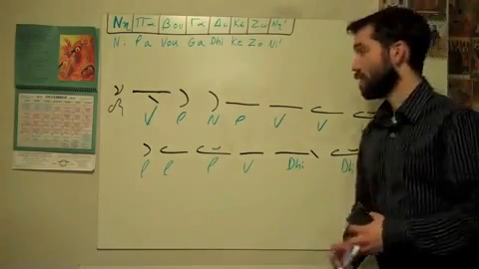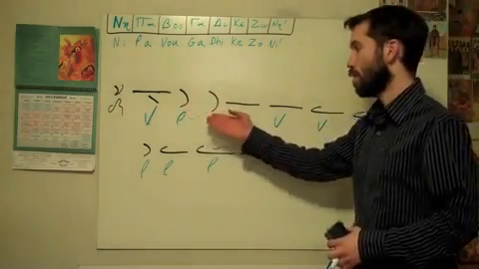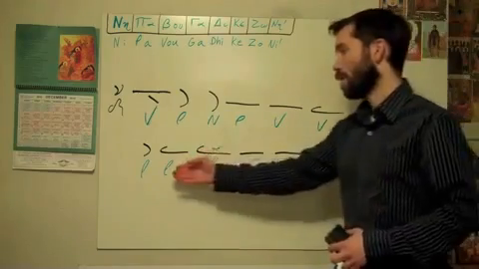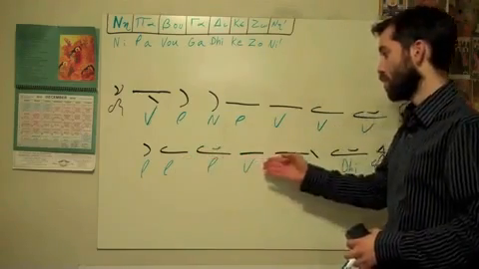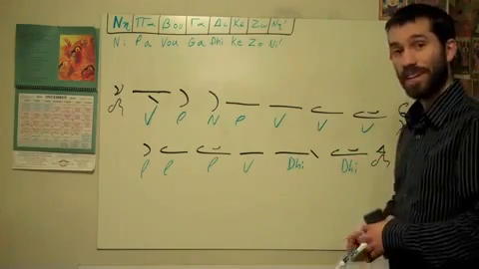So, if we were to sing this, it is ni, vu, pa, ni, pa, vu, vu, vu, pa, pa, pa, vu, di, di. It's Mary Had a Little Lamb.